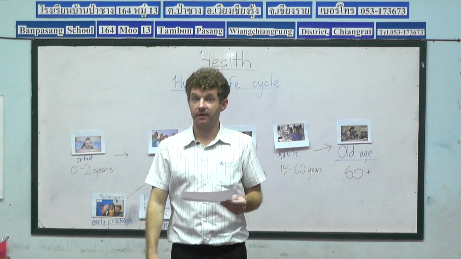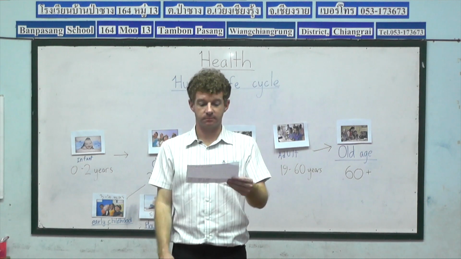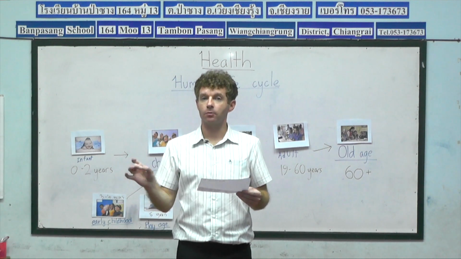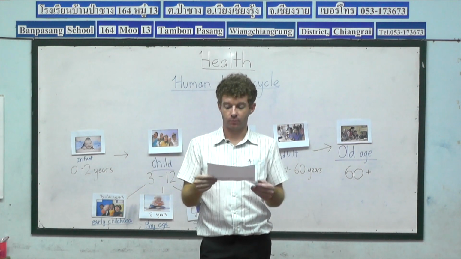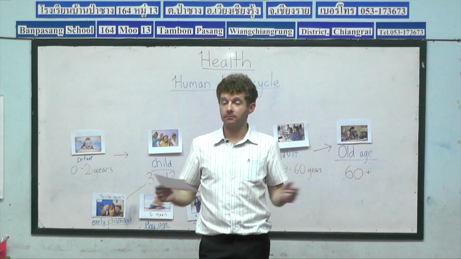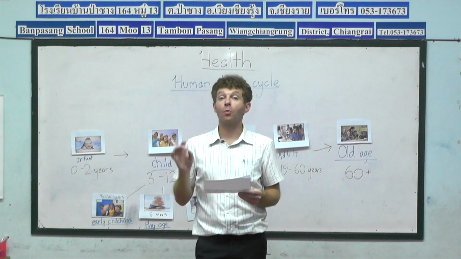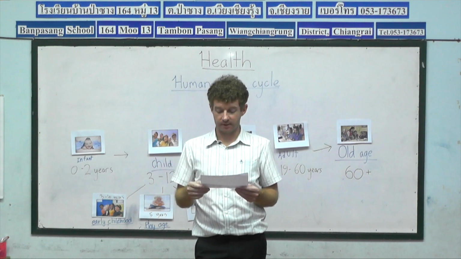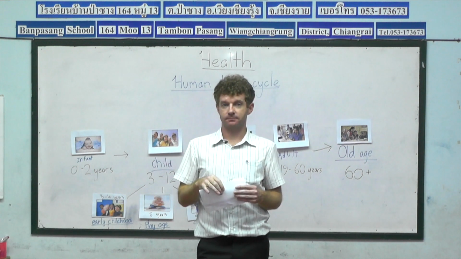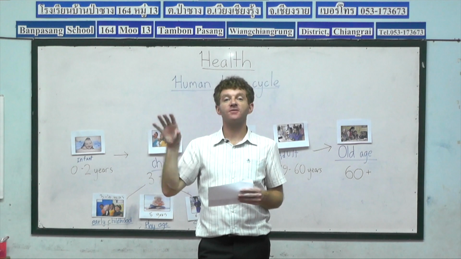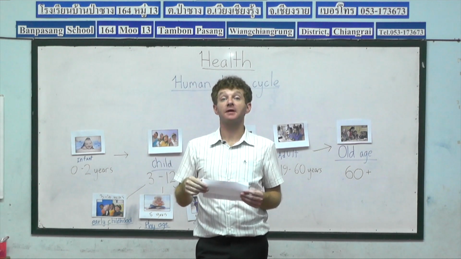Then, the teenager grows into an adult woman. As time goes on, the woman gets older and becomes elderly. And these are the different stages in the human life cycle.